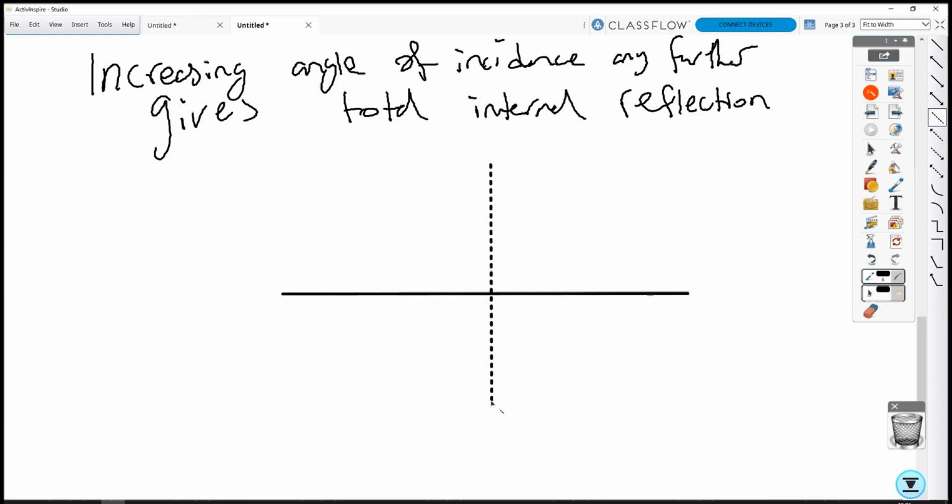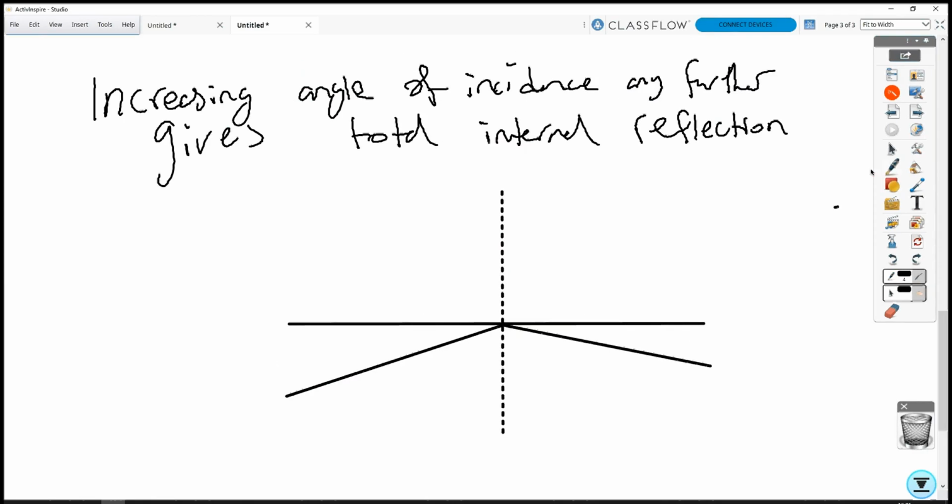We'll do our normal again. And we will increase the angle further. And that results in a reflection.